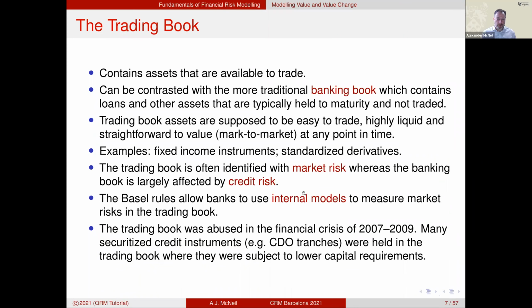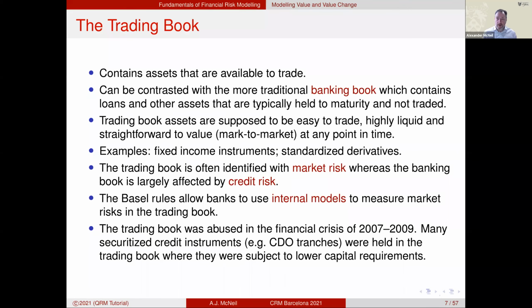Now, the Basel rules allow banks to use internal risk models to quantify their market risks in the trading book. As an alternative to internal models, there are standardized models, which smaller banks might use, or banks who don't meet the rigorous standards that are now imposed by regulators to use internal models.